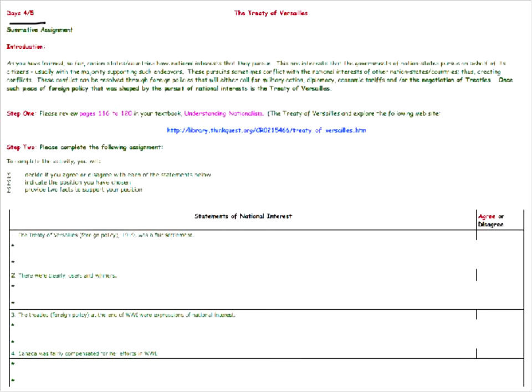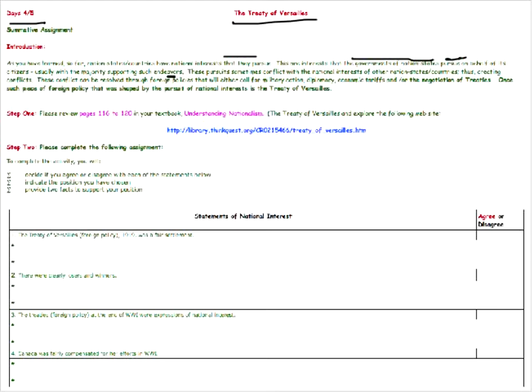Now for days 4 and 5, you're going to do an exercise on the Treaty of Versailles. As you have learned so far, a nation, state, or country has national interests that they pursue. These are interests that the governments of a nation-state pursue on behalf of its citizens, usually with the majority supporting the endeavor.